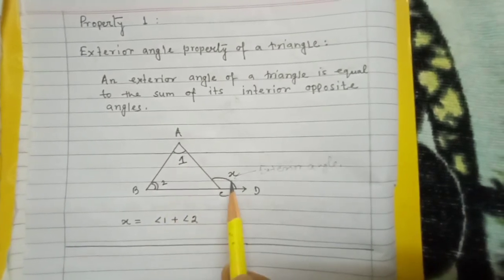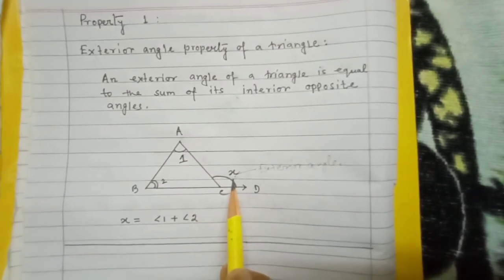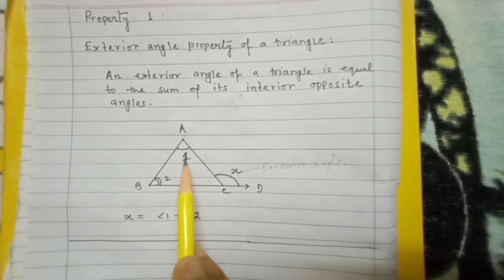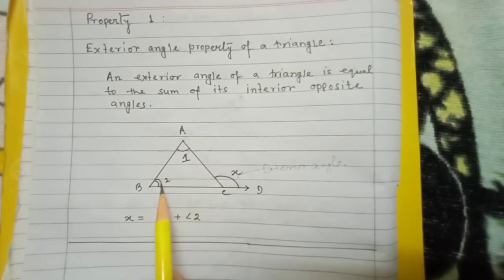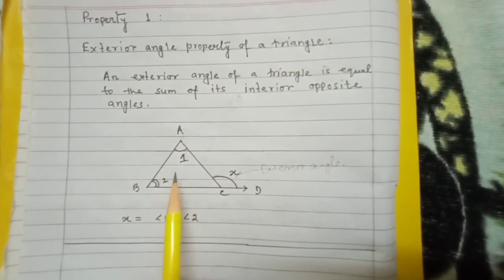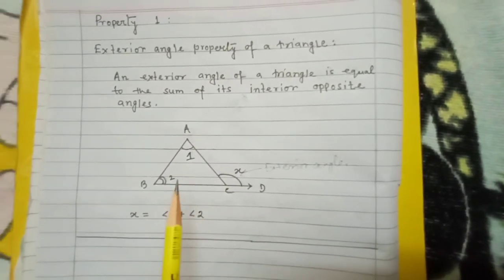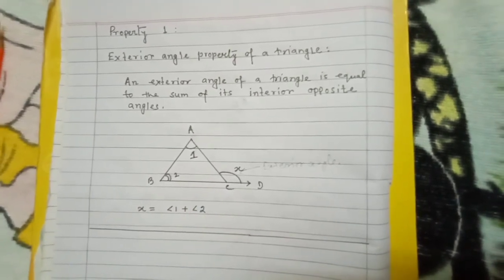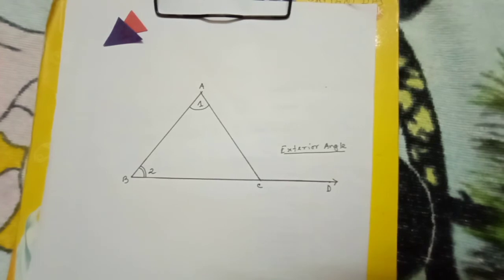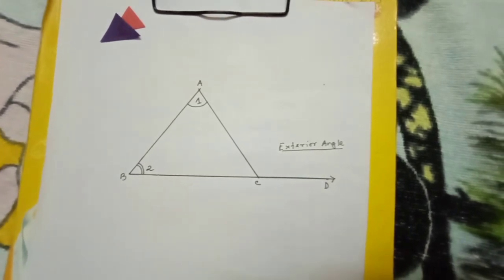That means if we have to find the value of x, we have to find the sum of these two angles. We will do an experiment now to see whether it is correct or not. Now see one triangle.